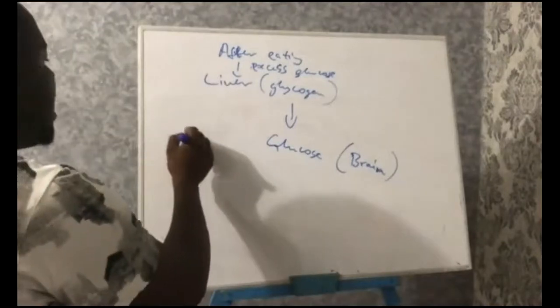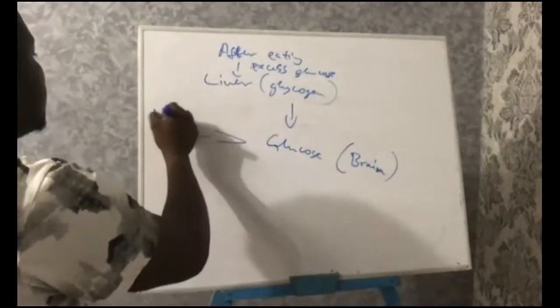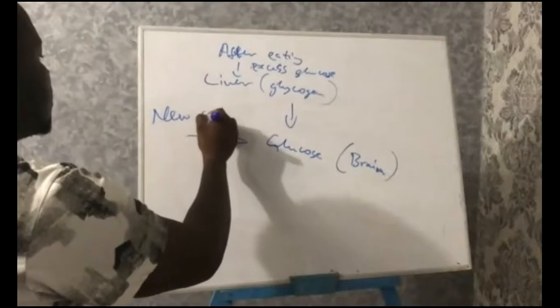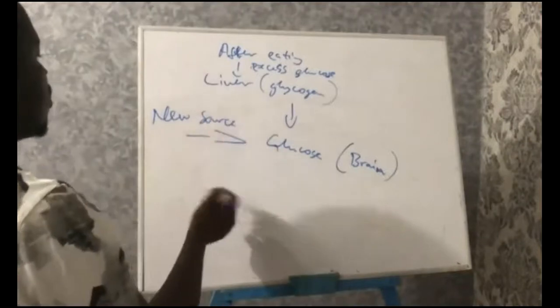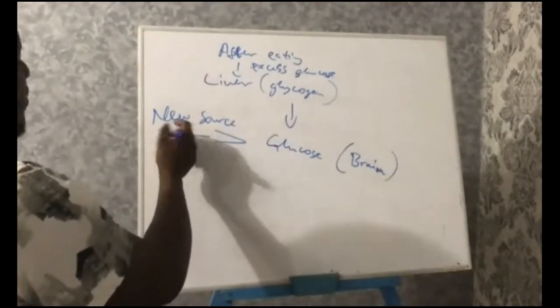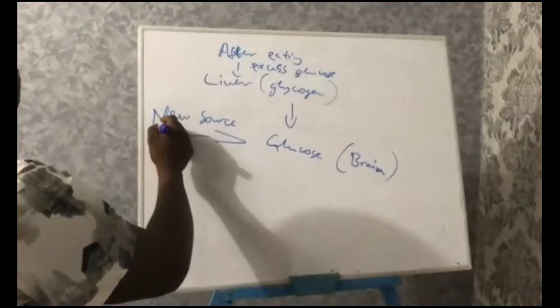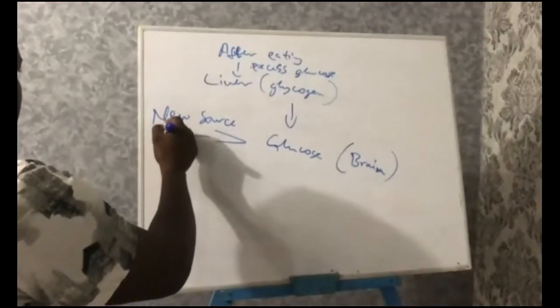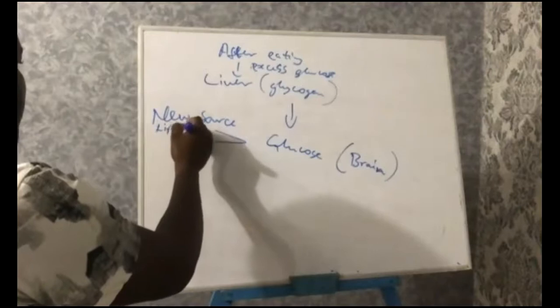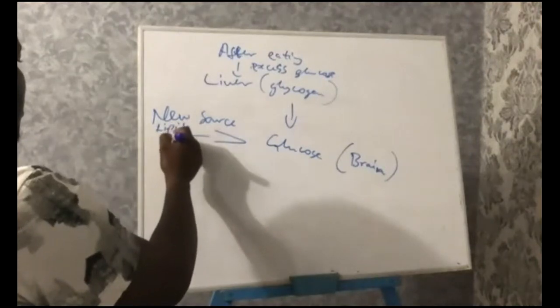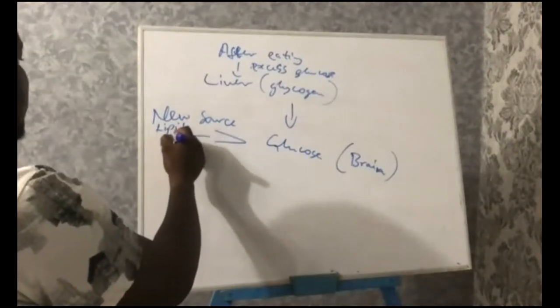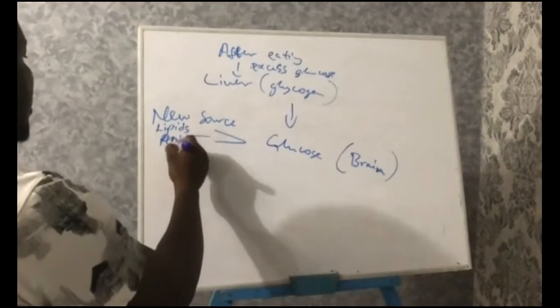So there are other ways of producing glucose from new sources, and these sources can be lipids or amino acids.